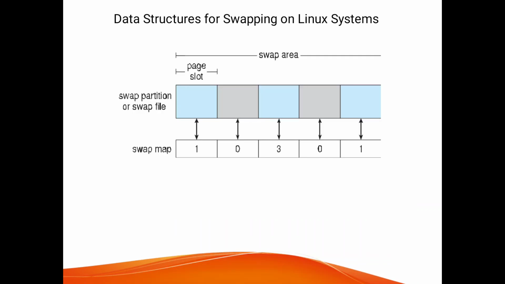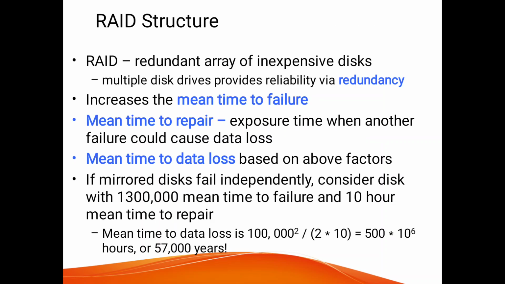The data structures of swapping in Linux system. Then the RAID structure. RAID is a redundant array of inexpensive disks. Here multiple disk drives provide reliability via redundancy, which increases the mean time to failure.